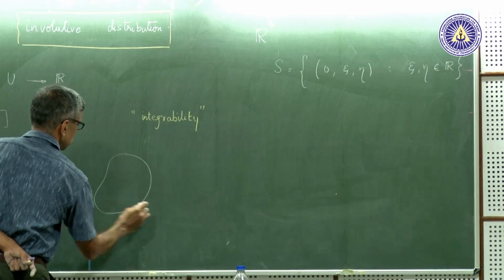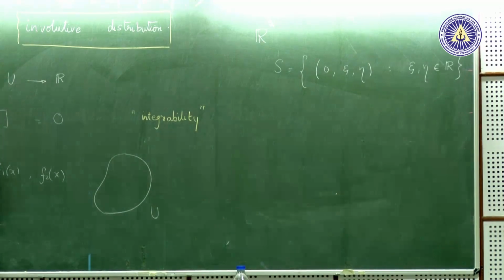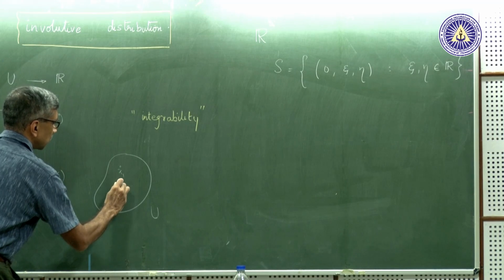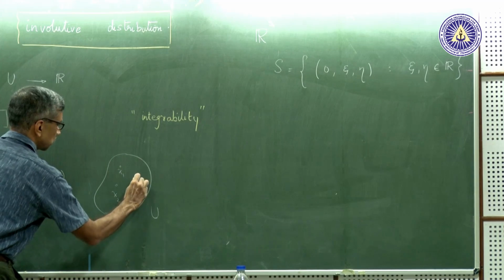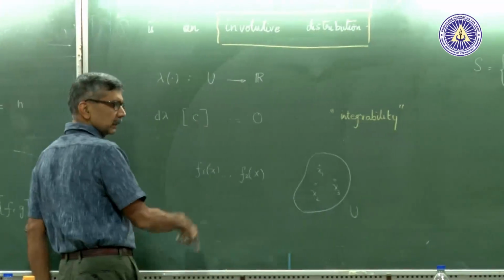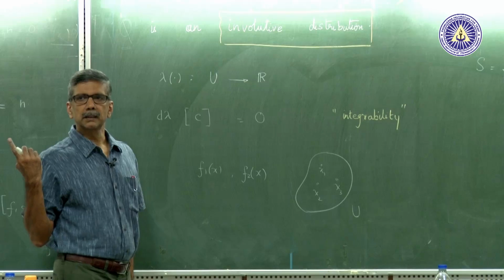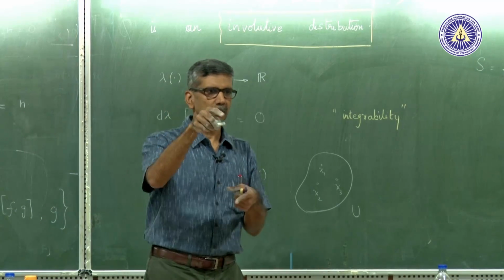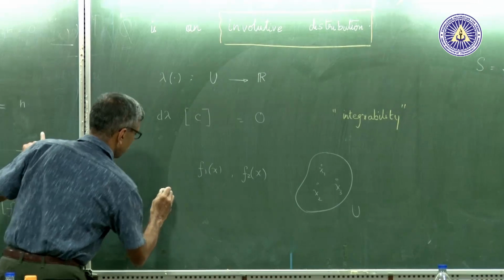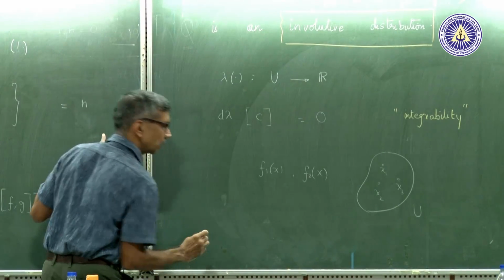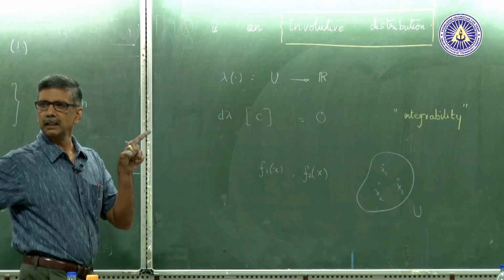So I will draw this U, right. Let us say I pick some point x1, some point x2, some point x3, etc. Now, at each of those points, these are just two column vectors, agreed? These are just two column vectors if I substitute x, and I can find out what is the span of vectors. Clear, everybody?